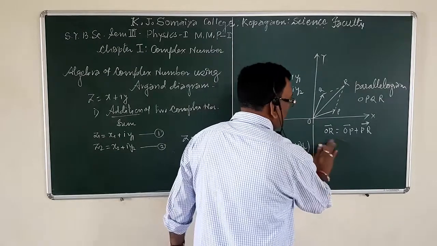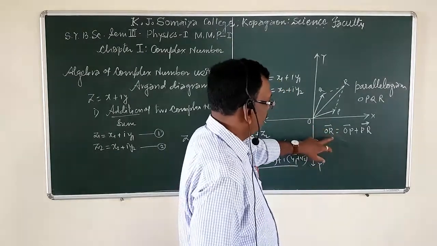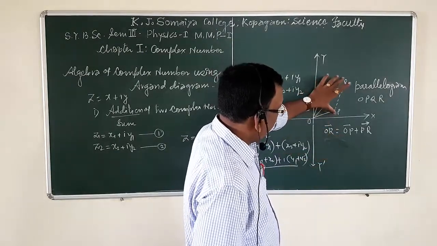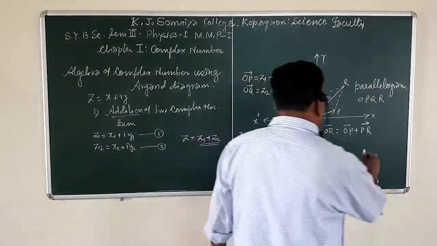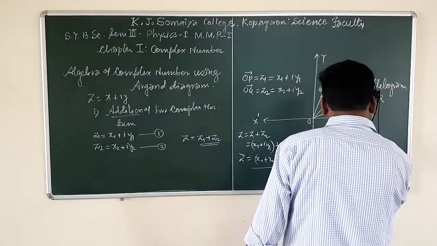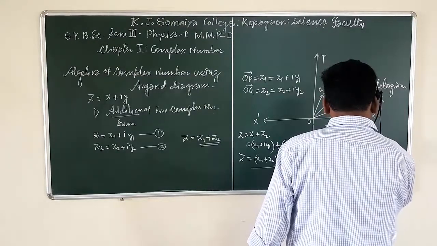Now remember that vector PR is parallel to OQ. Therefore we can write OP plus OQ.